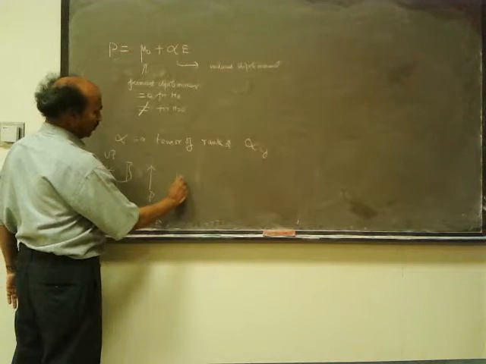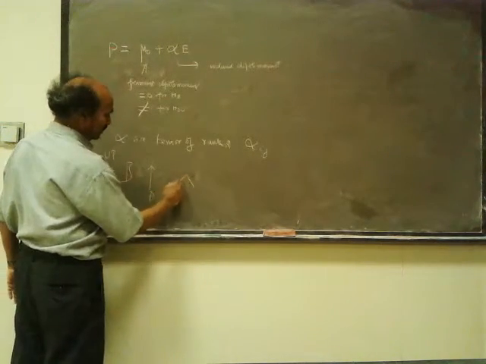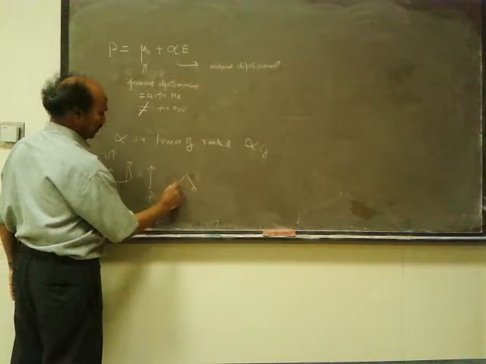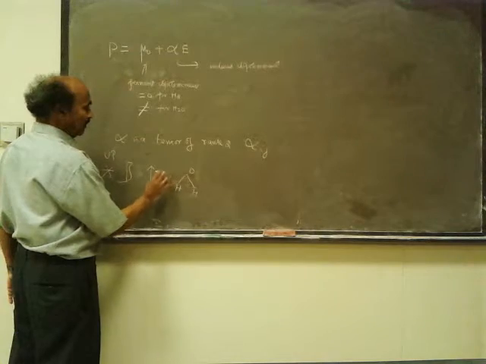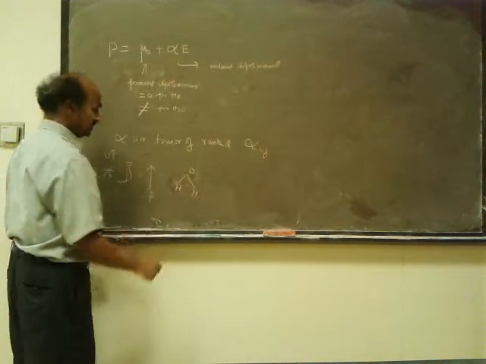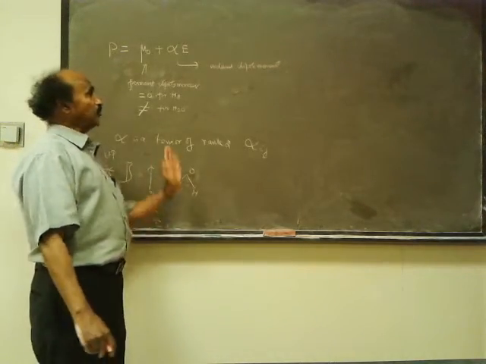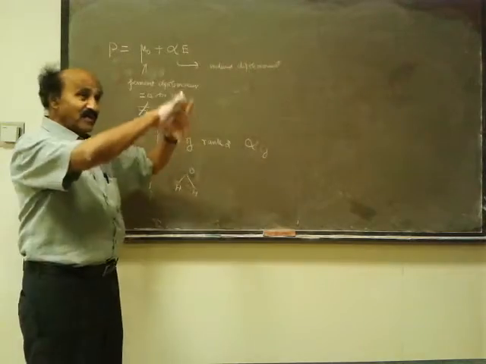Here is a water molecule. The water molecule will undergo changes in the electron cloud. The changes in the electron cloud will not take place only here or here, because it is a sphere, right?